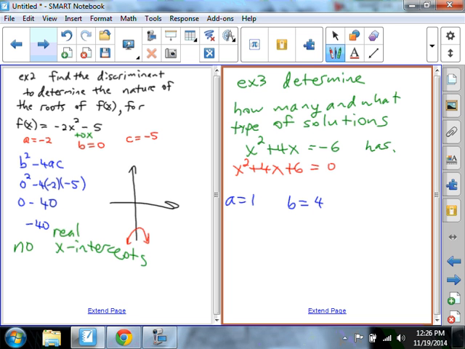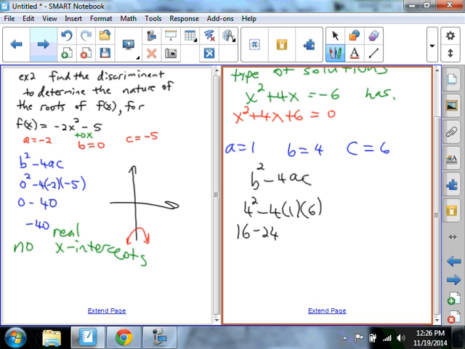So the C value is 6. So B squared minus 4AC would be 4 squared minus 4 times 1 times 6. That's going to be 16 minus 24, so that's -8, and because it's less than 0, what do we say?